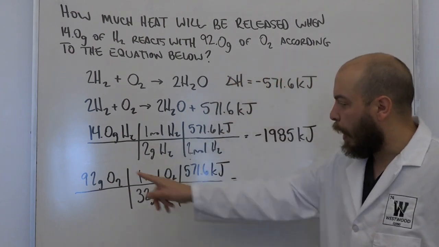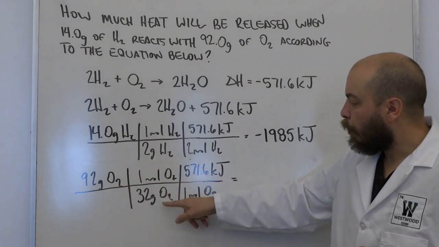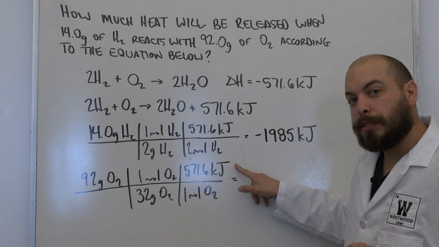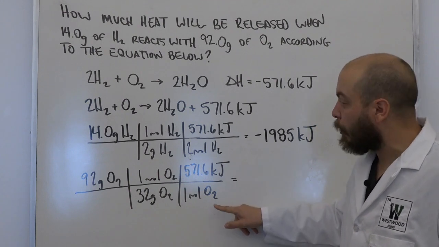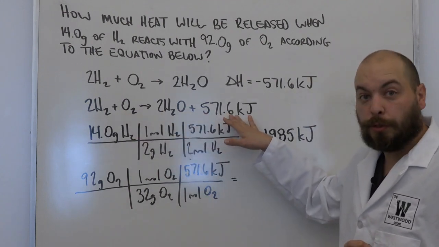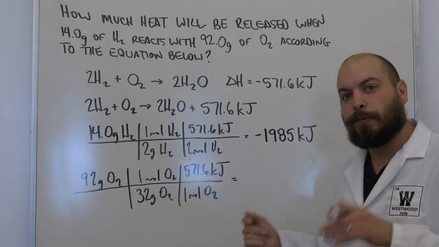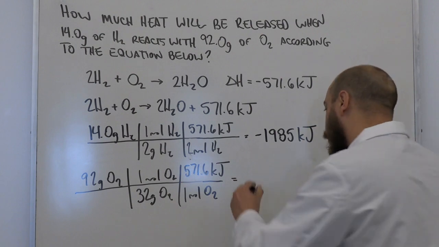So we've got 92 grams of oxygen, 32 grams of oxygen for every 1 mole, 571.6 kilojoules of energy for every 1 mole of oxygen, again going back to my stoichiometric ratio here, and I end up with a value of negative 1,643 kilojoules of energy released.